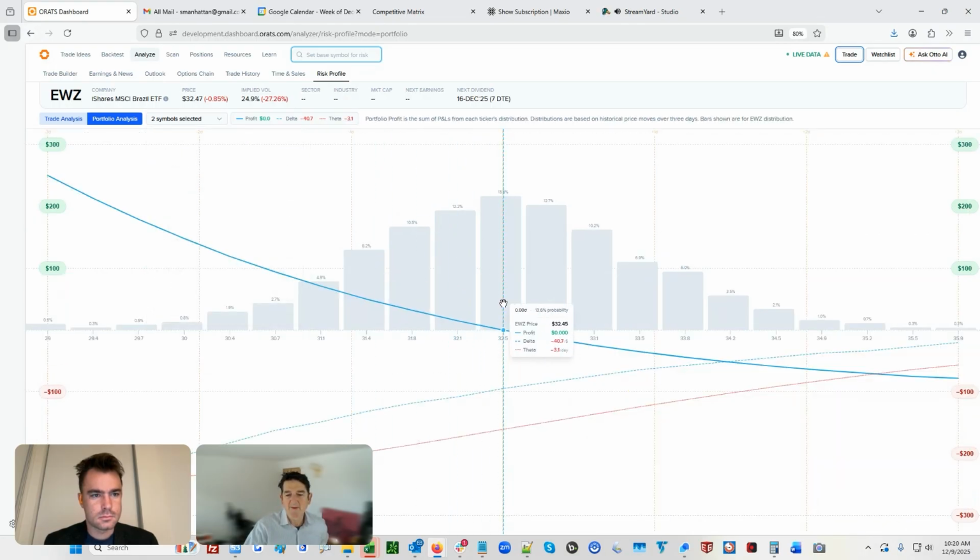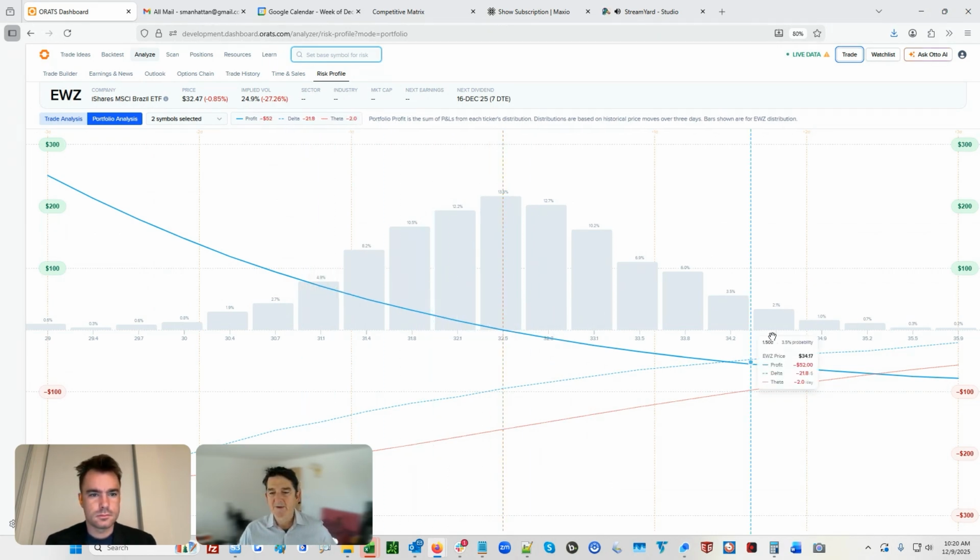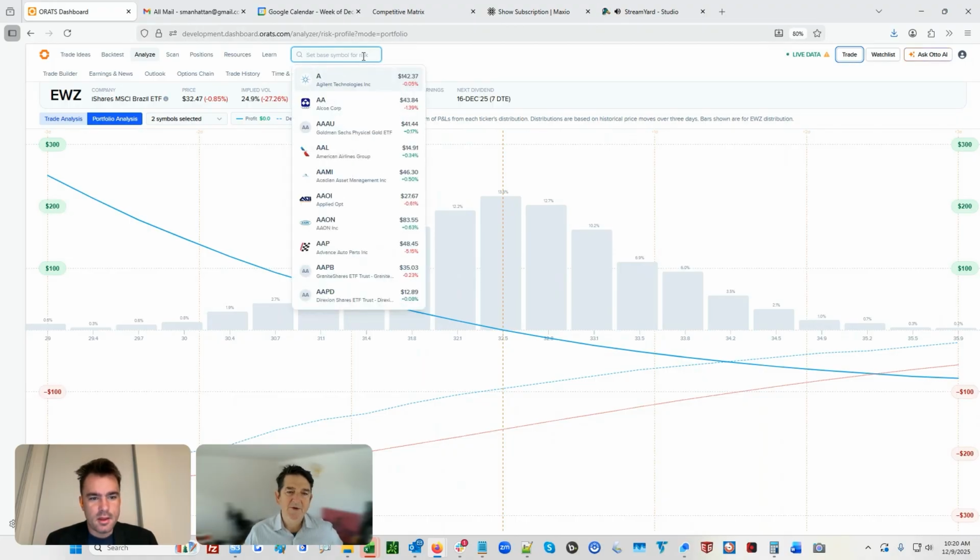So how am I in that? I'm short, and this is in terms of EWZ. It doesn't really matter because we just add up by the nodes, but you could always change that.